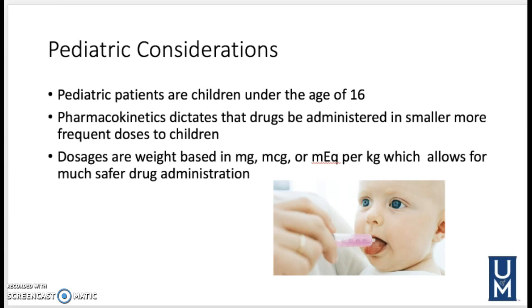So these dosages are weight-based and are often given in milligrams, milliequivalents, or micrograms per kilogram. So they're based on that weight. Their dosage is based on how much they weigh. And this allows for much safer drug administration. And we'll talk a little bit more about this when we start actually calculating drug dosages and drug amounts for patients.